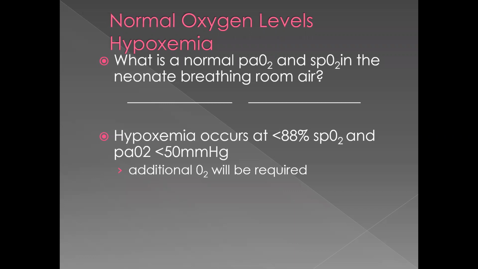And then the exception to the rule is when a baby has PPHN. We know that hypoxia and acidosis are going to constrict the vessels even more. So how do we prevent the hypoxia? We use higher levels of oxygen.